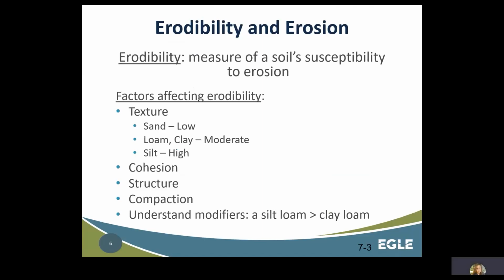The NRCS has assigned all soils in Michigan an erodibility status, or K factor. Higher K factors indicate a higher erodibility. In general, silty soils tend to be highly erosive, clayey and loamy soils tend to have moderate erodibility, and sandy soils generally have low erodibility, although very fine sands can also be very erodible.